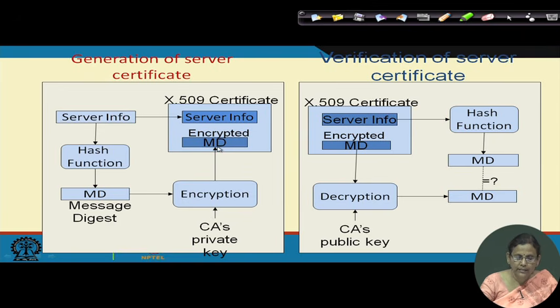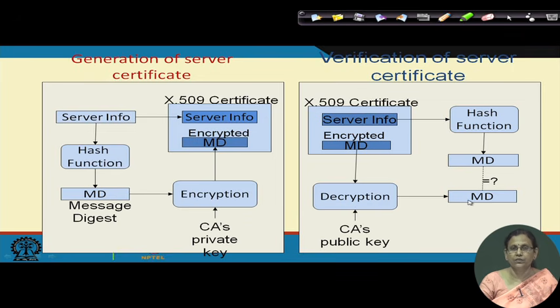Which means if this message digest is decrypted with the CA's public key, which is anyway known, since CAs are trusted parties, then this server information is truly certified by the certifying authority, because nobody else's public key can be used for decryption to create the right message digest.